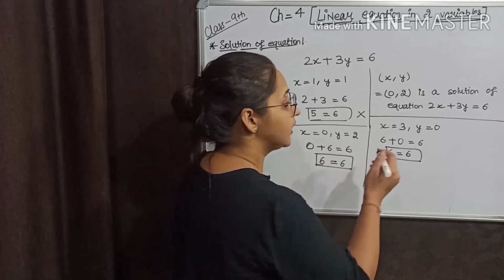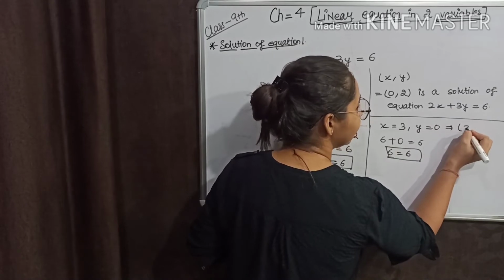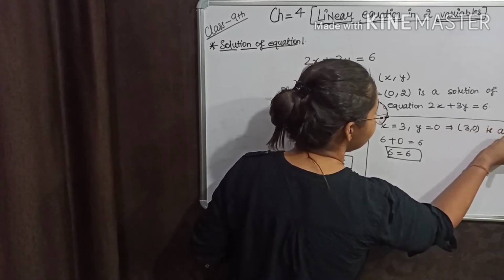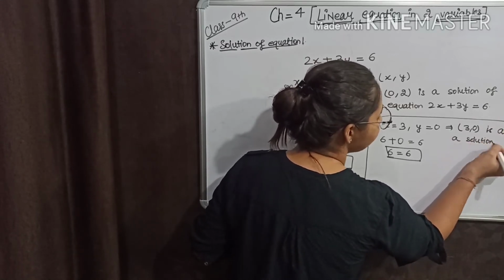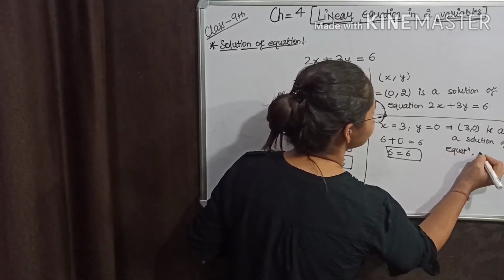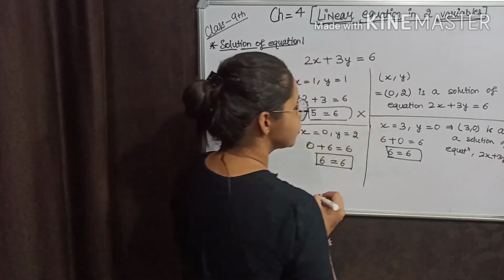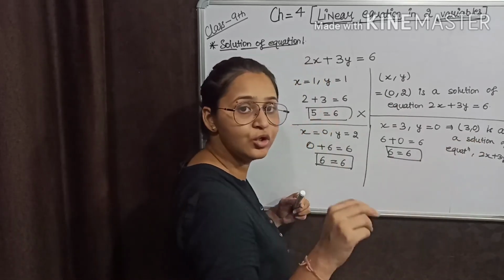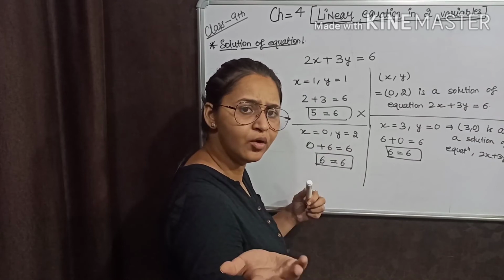It means (3, 0) is also a solution of the equation 2x plus 3y is equal to 6. So we find that (0, 2) and (3, 0) are two solutions. Now what about other solutions? Are there more than 2 or only 2?